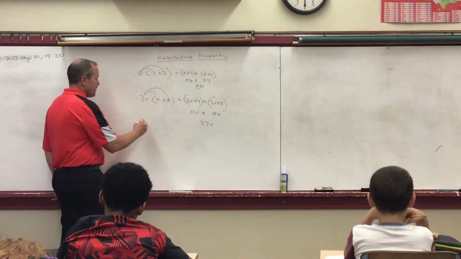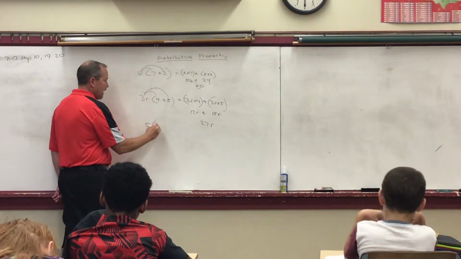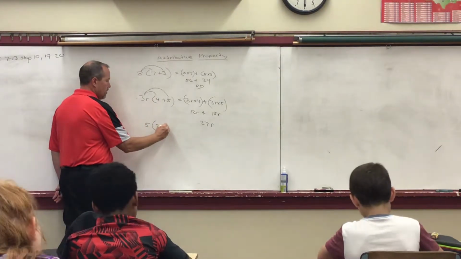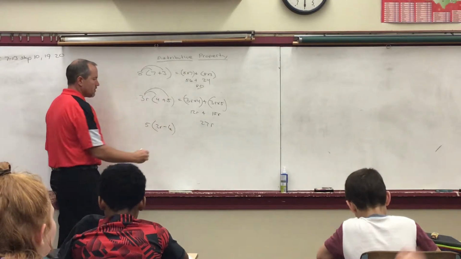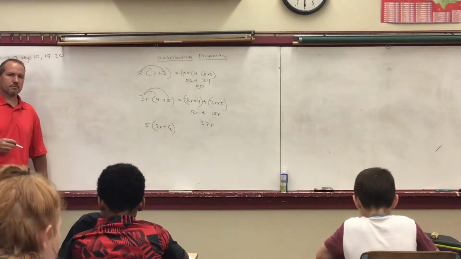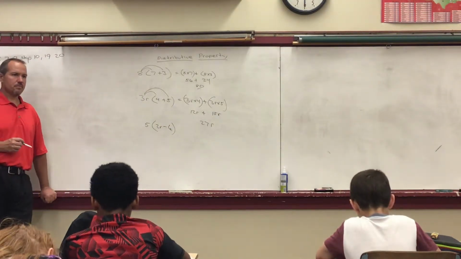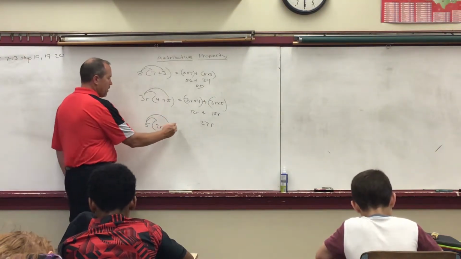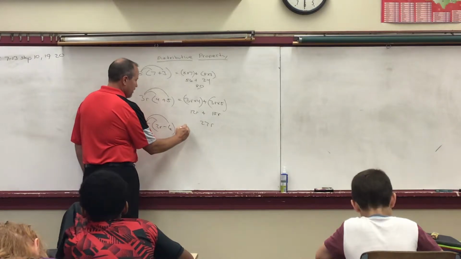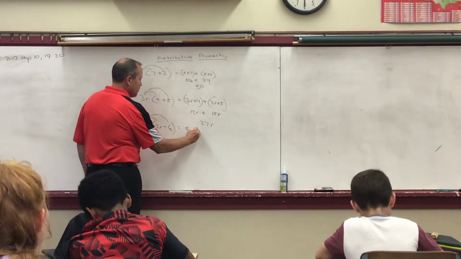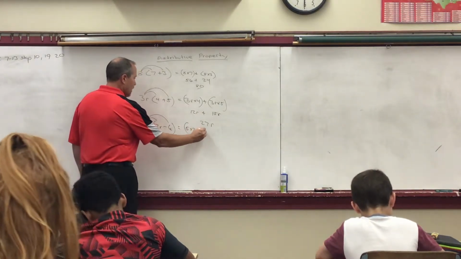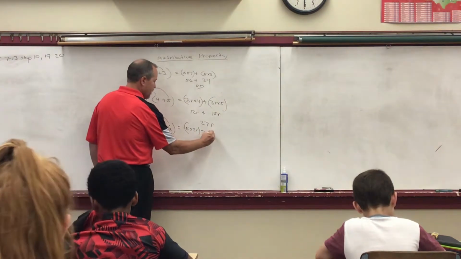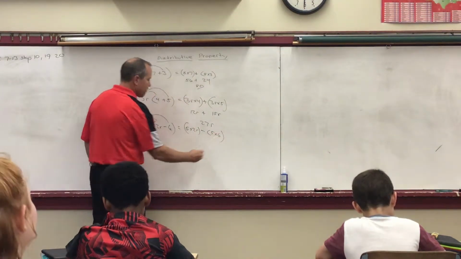If we have something like this, 5 times 2r minus 6, we're going to distribute the 5 into both parts. So that's going to give us 5 times 2r minus the quantity of 5 times 6.